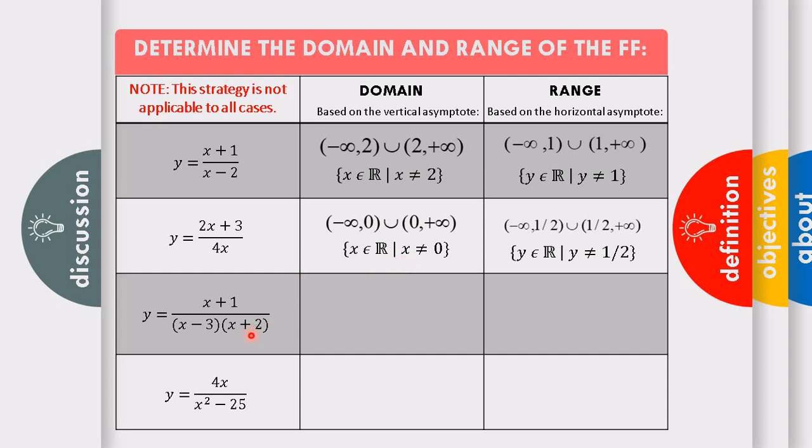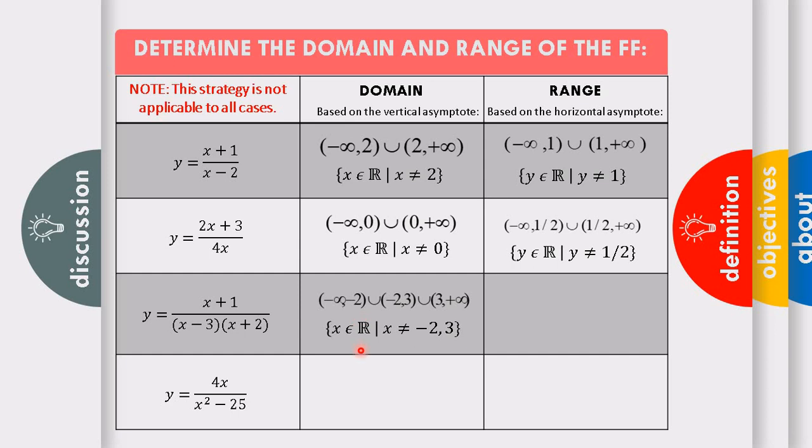Third example first. So we have x plus 1 over x minus 3 times x plus 2. Since we have two vertical asymptotes, we have negative infinity to negative 2, union negative 2 to 3, union 3 to positive infinity.